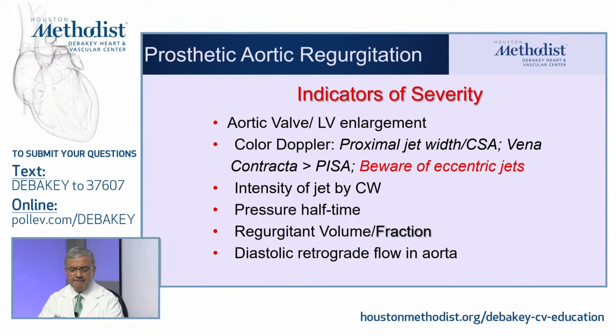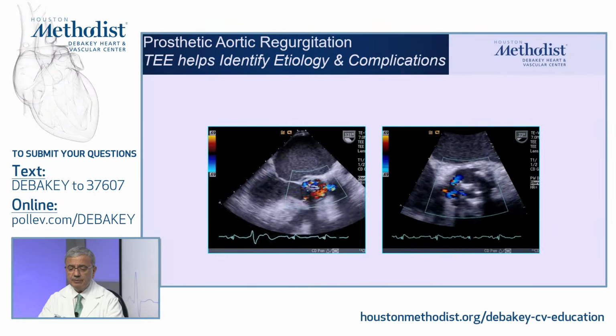So we look at pressure half-time. Remember, this is an indirect measurement of severity and much more dependent on hemodynamics. We try to do regurgitant volume and regurgitant fractions, and importantly, diastolic retrograde flow in the aorta per se.